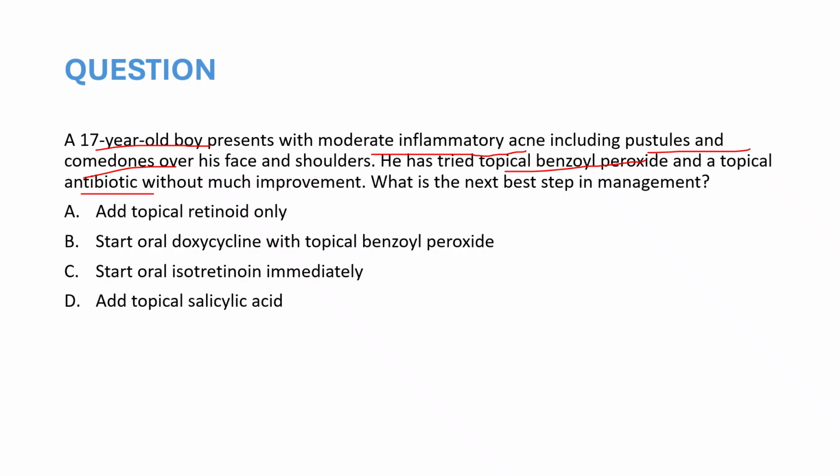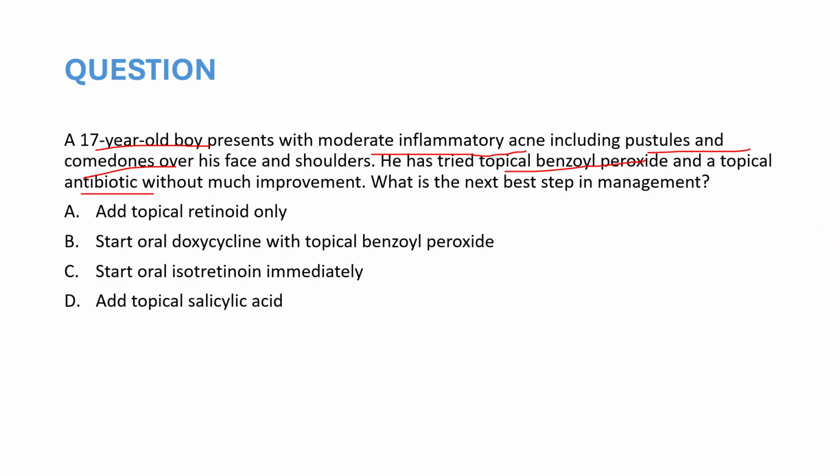So you have to know the stepwise approach to treating acne. We'll discuss that. The options are: add topical retinoid, start oral doxycycline with topical benzoyl peroxide, start oral isotretinoin immediately, add topical salicylic acid. So from the options you understood that the treatment options are topical treatments like benzoyl peroxide, topical antibiotics, then topical retinoid, then oral antibiotics and oral retinoid.